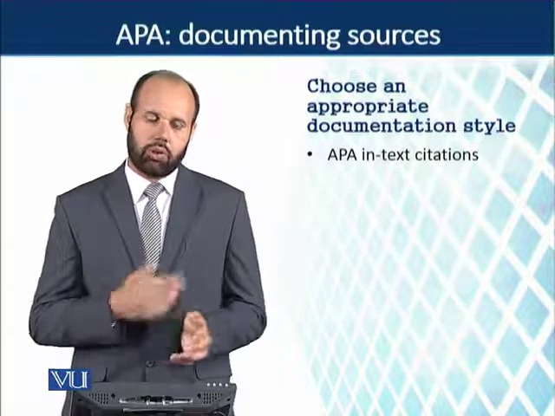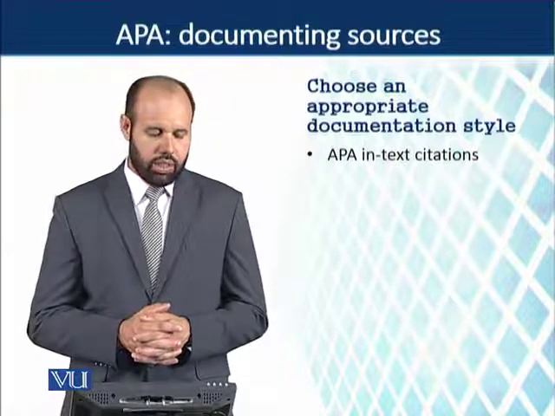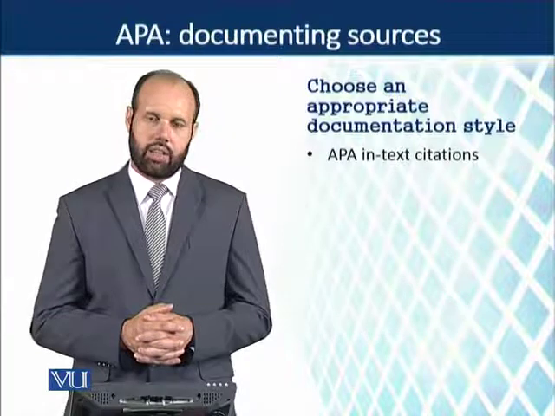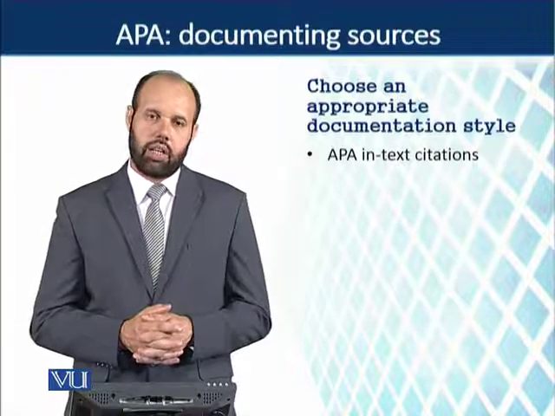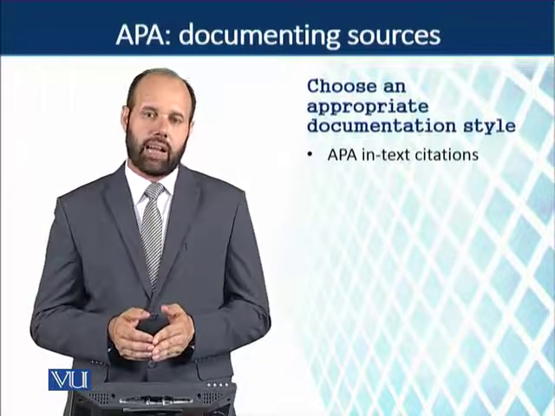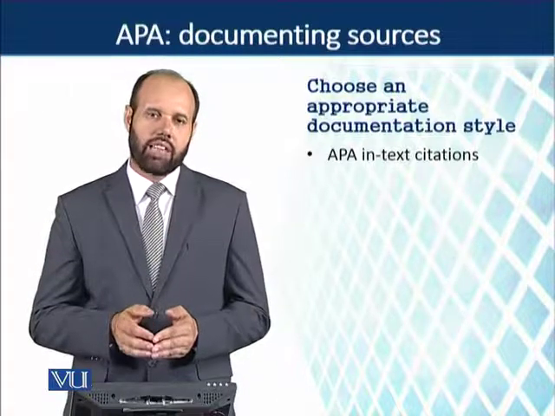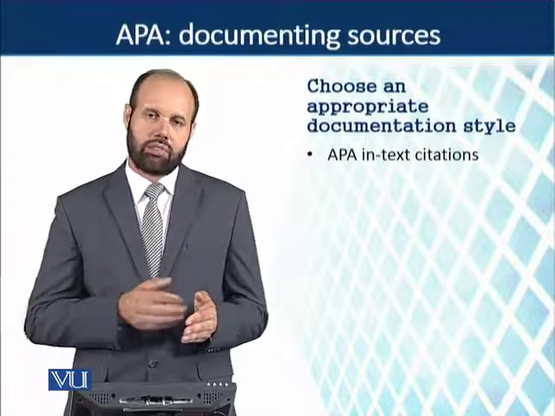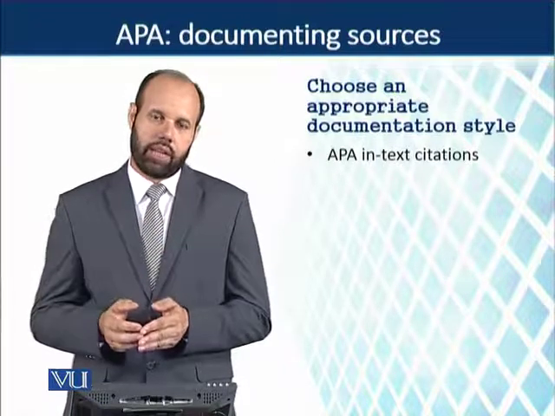And we should also know that if we have 3 to 5 authors of a source, and we are referring to that source for the first time, then we would write down all names of the authors, right? So this is for 3 to 5 authors, okay?